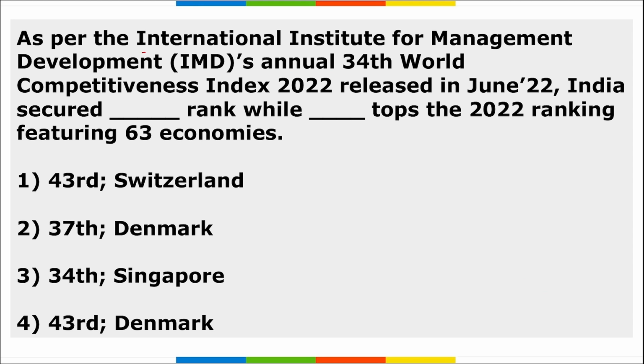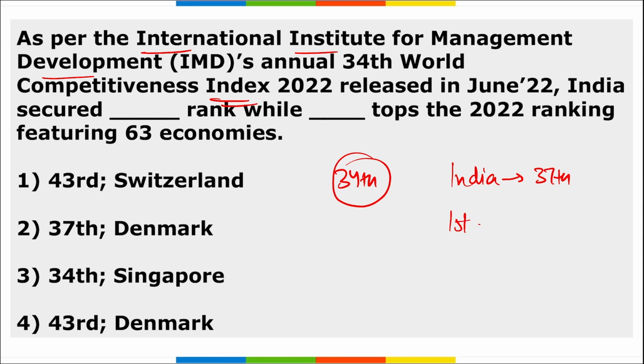Next, as per the International Institute for Management Development's annual 34th World Competitiveness Index 2022 that was released in June, India secured what rank? So the question is simple, what is the rank of India in the 34th World Competitiveness Index? India stood at 37th position, and the country that topped this index, the first position, was Denmark.